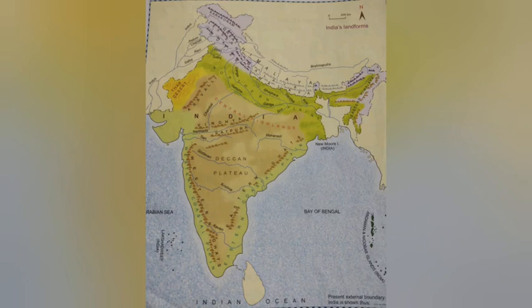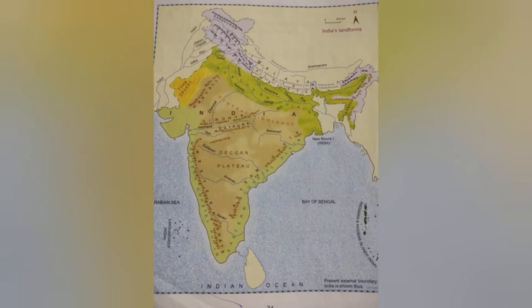India has oceans and seas to the east, west as well as south. You can also see on the map that on the eastern side of India we have the Bay of Bengal. On the western side we have the Arabian Sea, and on the southern side we have the Indian Ocean. So India is surrounded by water on three sides.